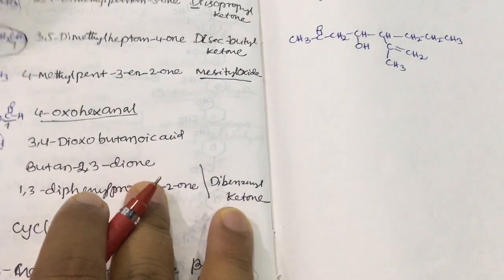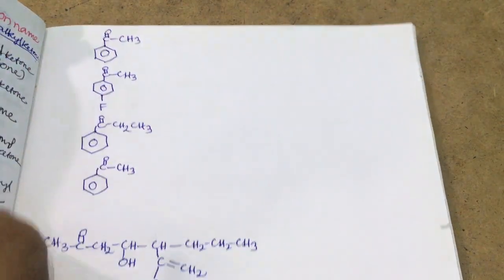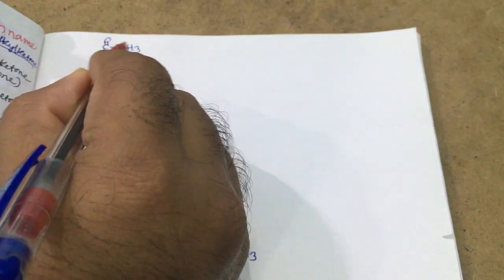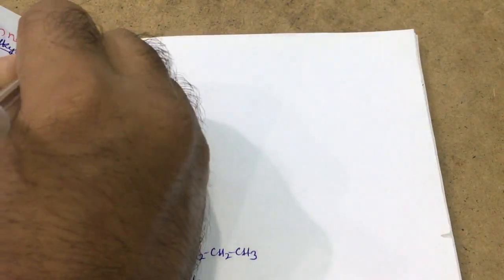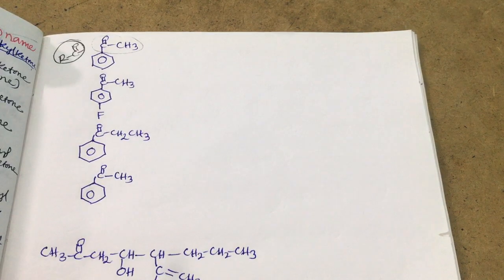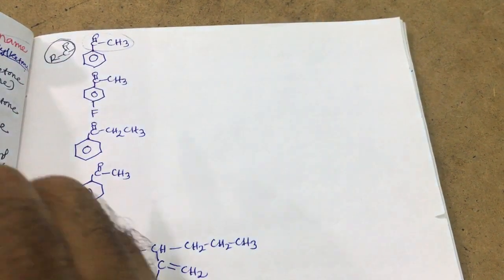Okay, next we come to the aromatic compounds. When a benzene ring is bonded to an acyl group, consider it as RC double bond O with the aryl group. R may be methyl, ethyl, anyone.